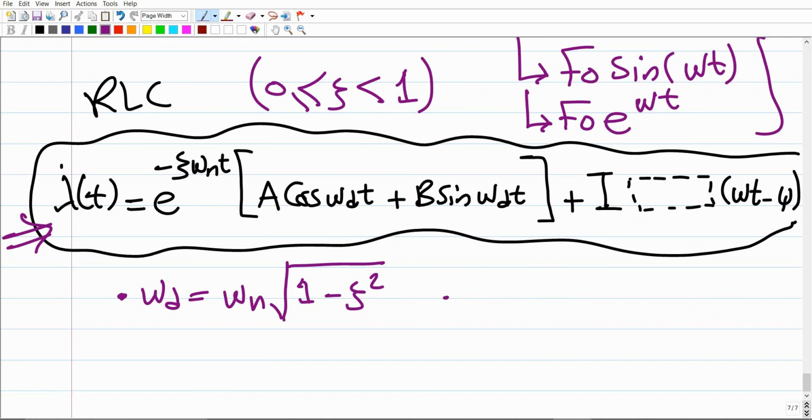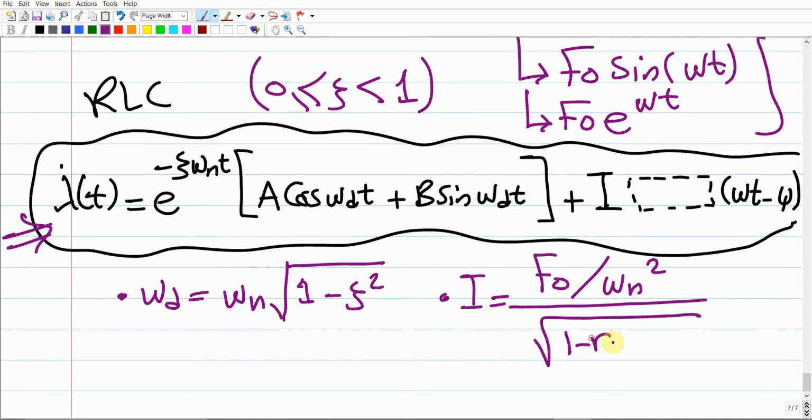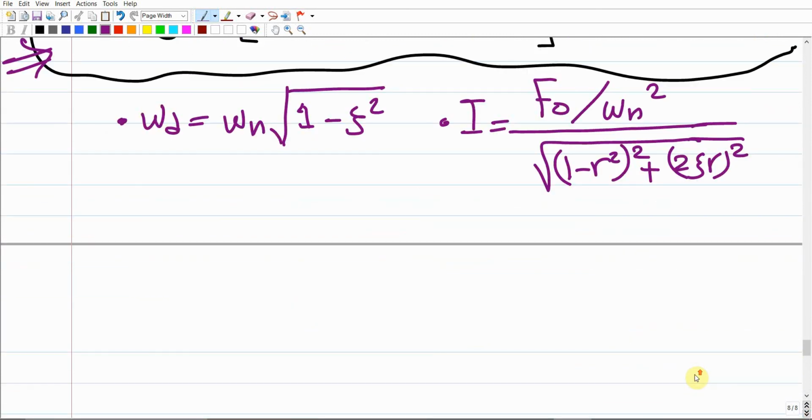This is I, which is the amplitude, and we said that this amplitude is going to be F0, the magnitude of the forcing term, divided by omega n squared, divided by the square root of the denominator: 1 minus r squared, squared, plus 2 xi r squared. This is going to give us the amplitude. This amplitude is commonly known as the steady state amplitude. You have to recognize the names. So this is the steady state amplitude.